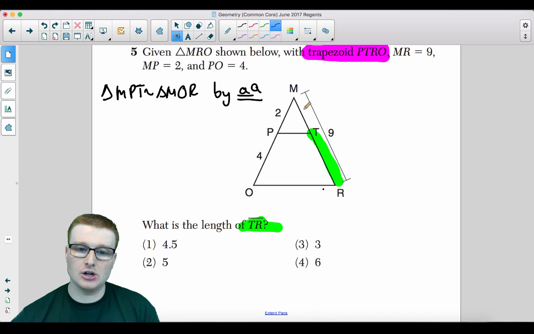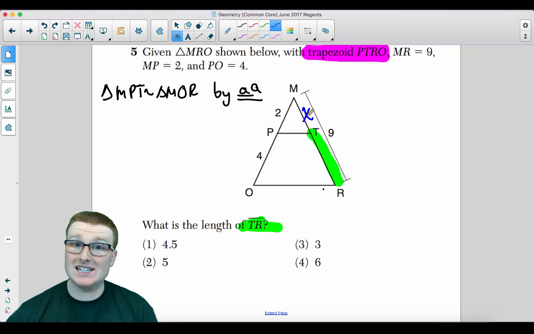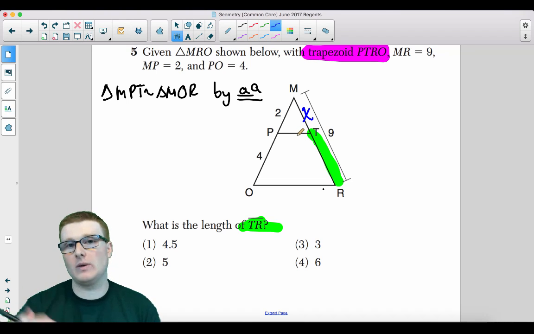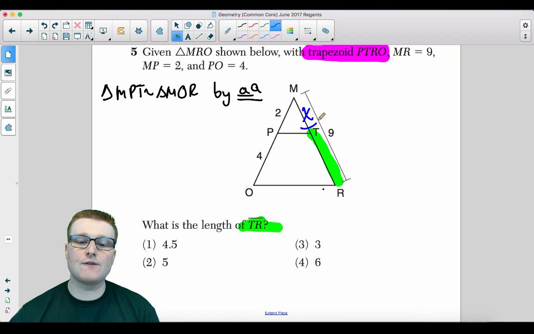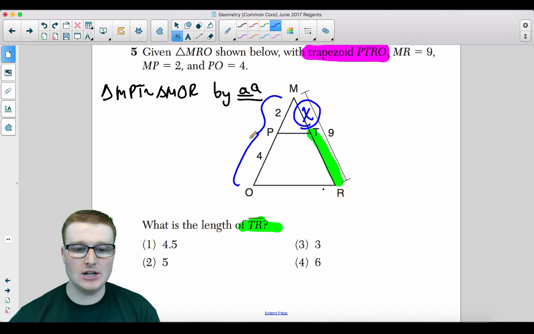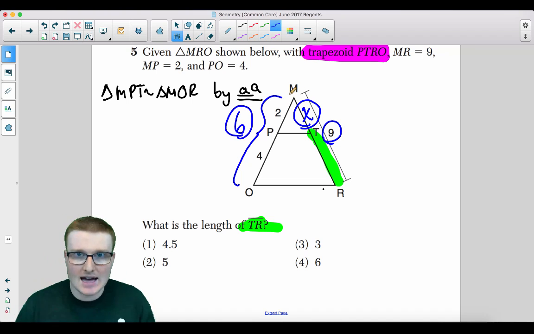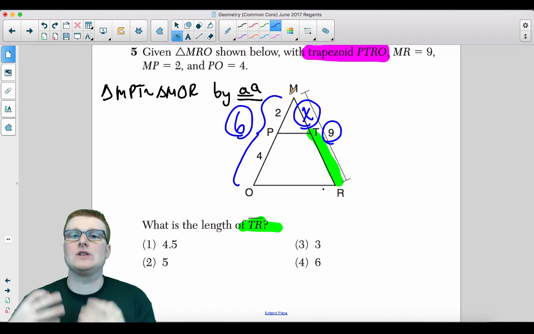You could either call MT x and subtract the difference, or I could show you another way right after this. In order to solve for x in this case, we're going to solve for MT first, then subtract it away to get TR. But in order to do that, you need to add these two sides up to get a length of 6. Why? Because 6 is in proportion to the whole length of 9. You have to add that side to get the proportion of the other side.